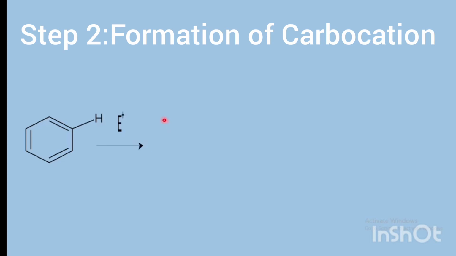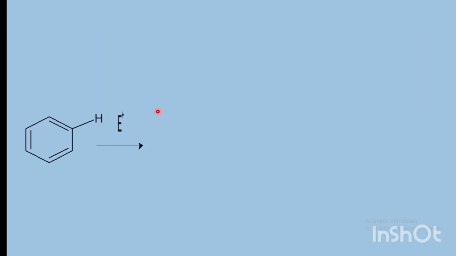So now we have benzene right there. This benzene is attacked by an electrophile which is formed in step number one. 2 pi electrons from benzene are used to form a sigma bond with the electrophile. And when that happens, we have a new structure which is being formed, and this particular structure that has been formed is a carbocation. Now this structure has resonance, and so the electrons can move.